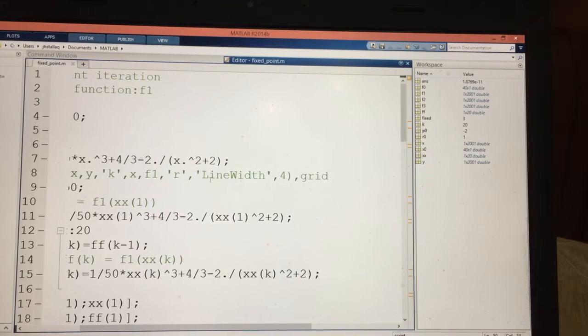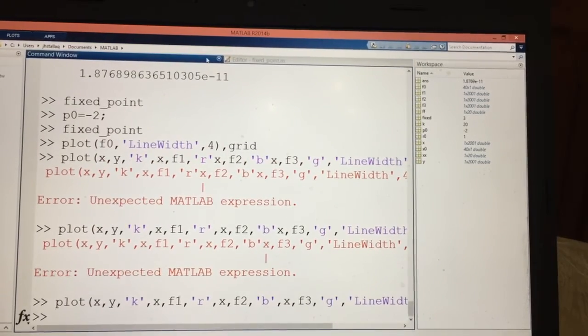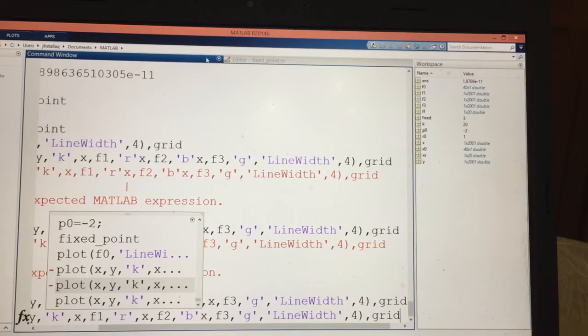You can use the line width here to change this to either 4 or 2. 1 is no good, 2 is reasonable, 4 is okay. Let's see how it looks. Here it's 4.